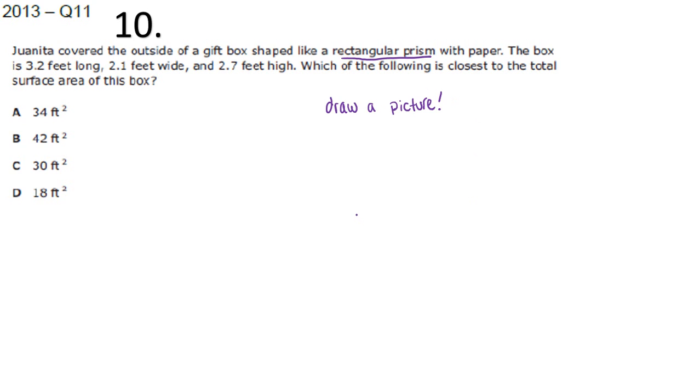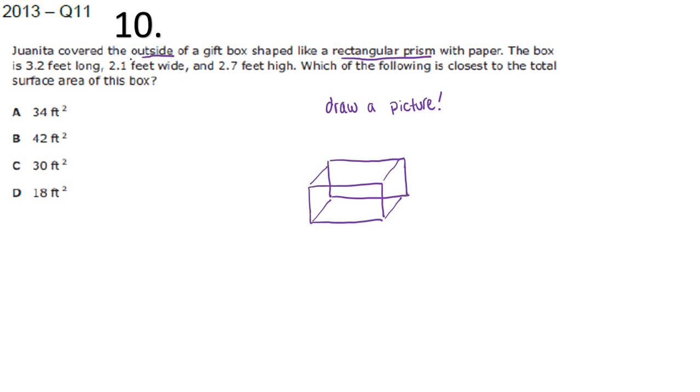So if we have a rectangular prism and it's talking about the outside of the gift box, then that means we have a rectangle as our base and a rectangle as our top. And then you just connect the corners. Now if you can't draw this, I completely understand, but it does help us figure out what's going on.